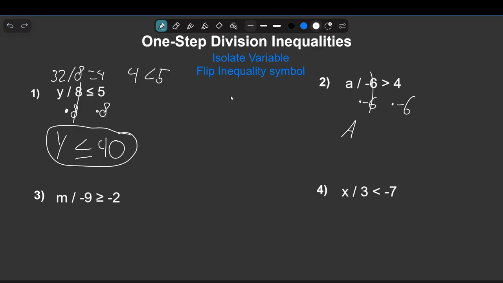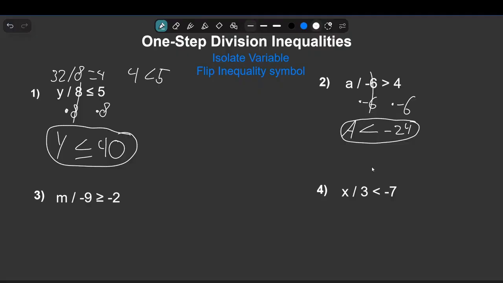We flip our inequality symbol if we are dividing or multiplying both sides by a negative number. We have a greater than symbol, we multiplied both sides by a negative number, so we flip our symbol. So a is less than 4 times minus 6. 4 times minus 6 equals minus 24, so our answer is a is less than minus 24.